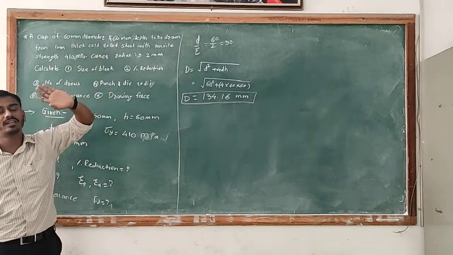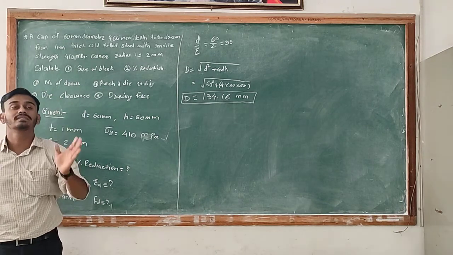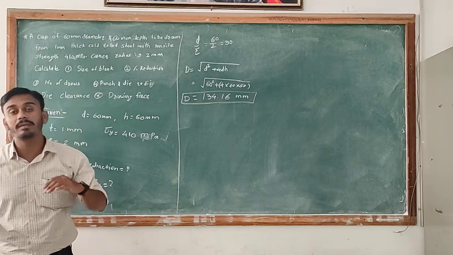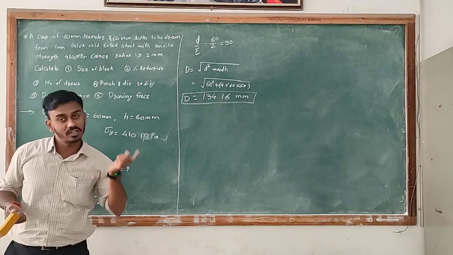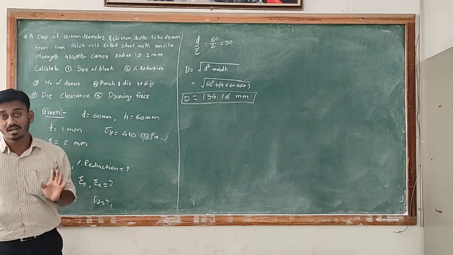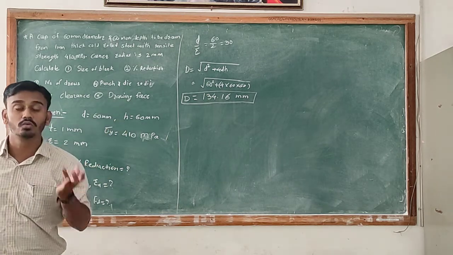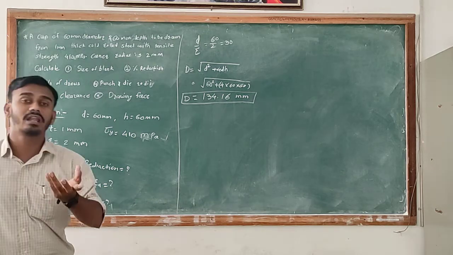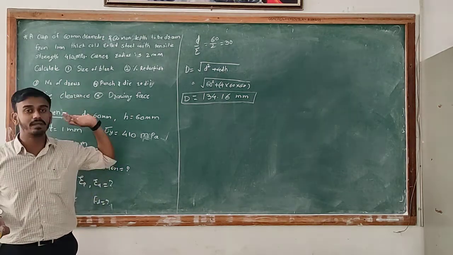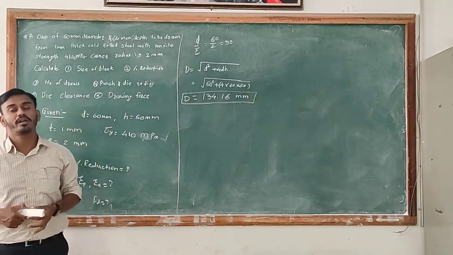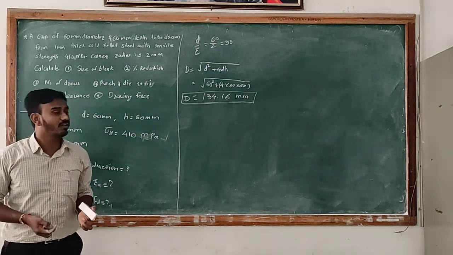Here in the numerical they do not mention to consider the trimming allowance, so we will not consider it. If they mention to consider the trimming allowance, then we will definitely consider it. So the value of D should be 134.16 mm. This is our first one.